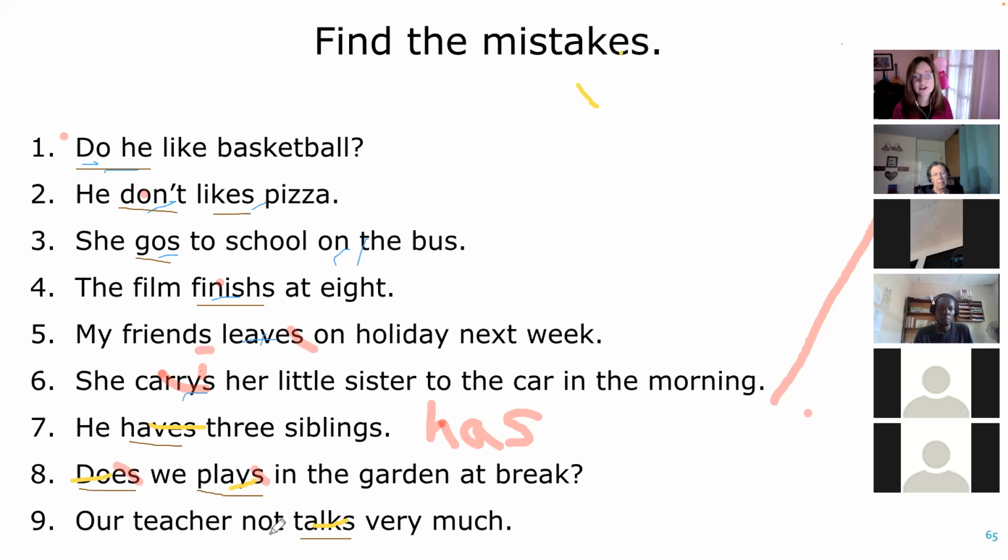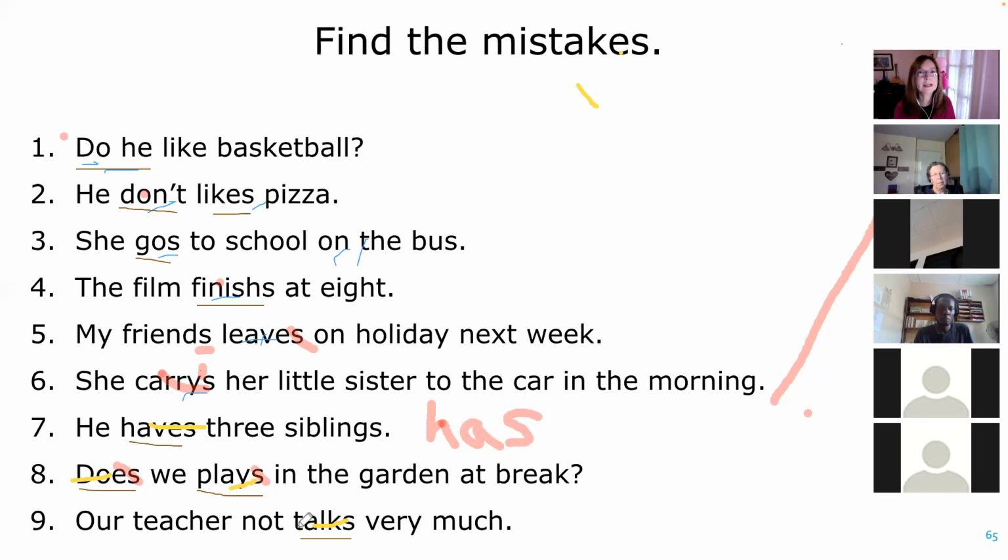And "our teacher not talks very much." It should be, our teacher does not talk very much. So if it's a negative or a question, we have to put do or does in the simple present tense.